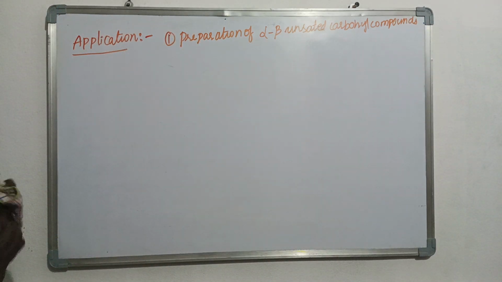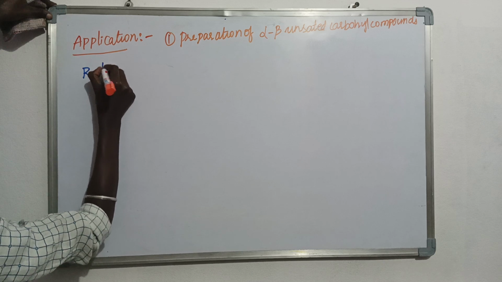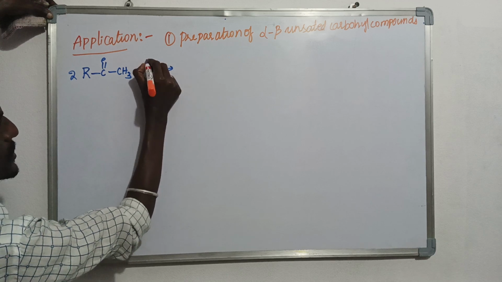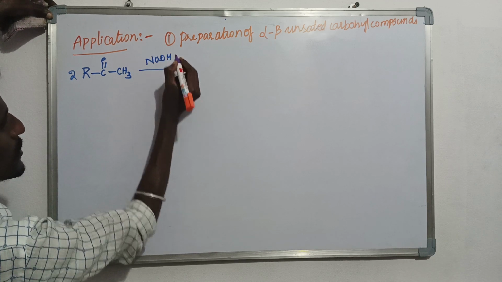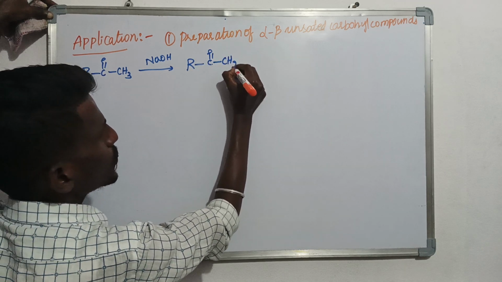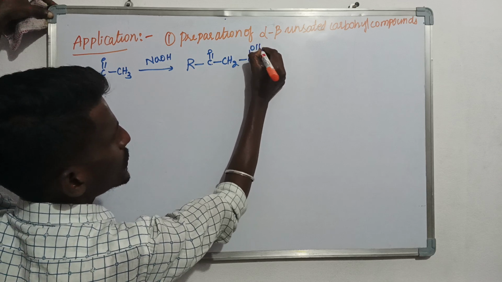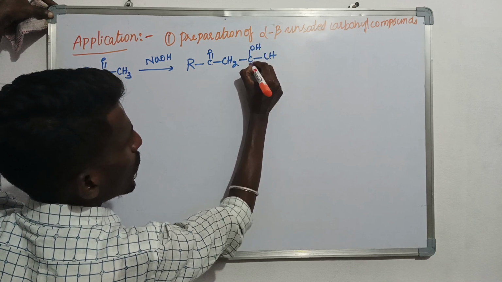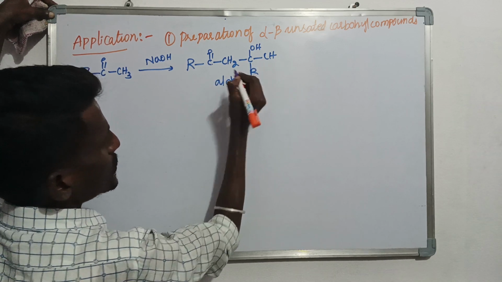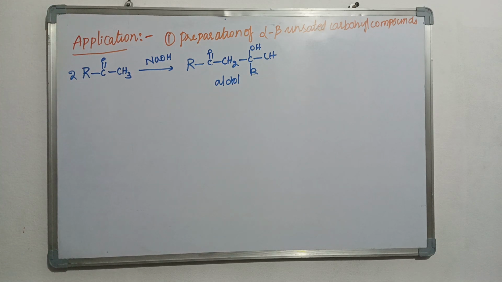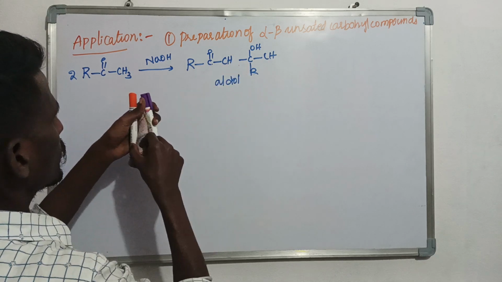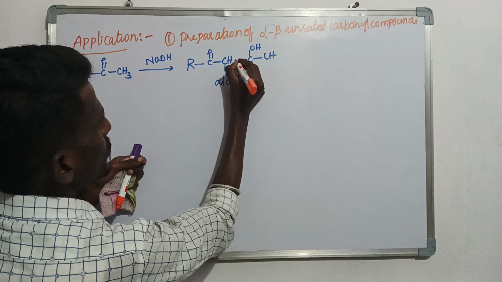So 2 moles of the carbonyl compound, C double bond O CH3, in the presence of NaOH form R C double bond O CH2 COH CH3 R, aldol, as a product. So this aldol undergoes dehydration. For my convenience, I am writing like this: hydrogen.